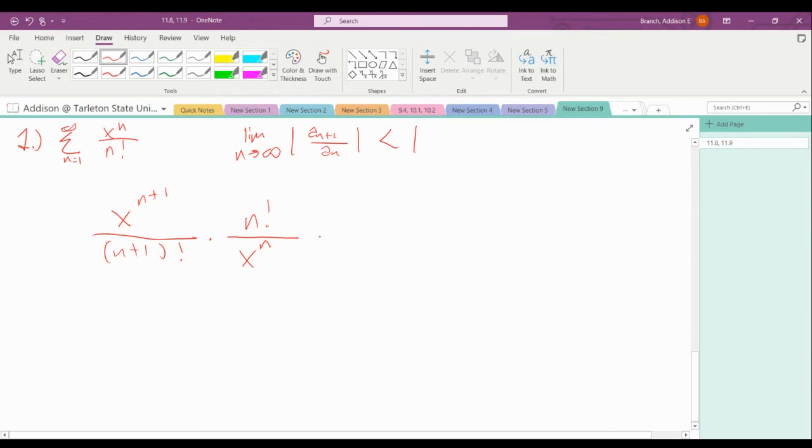So our first thing to do here is clean this up a little bit. We can say we have x to the n times x to the 1 over n plus 1 times n factorial, times n factorial over x to the n. When we do this, we can cancel some of this out. So now we are left with x over n plus 1.